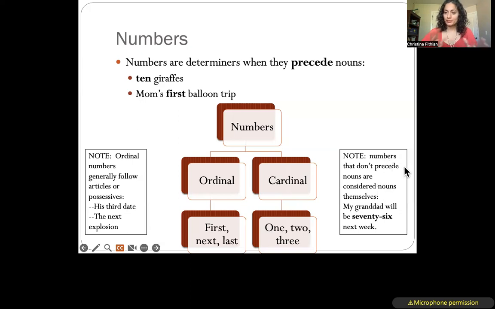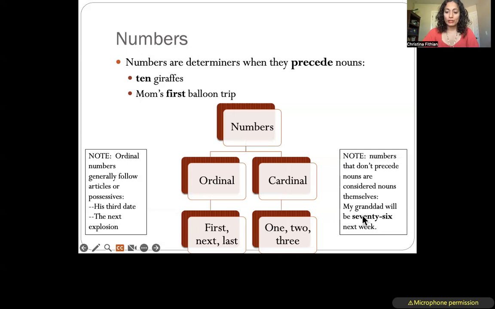So once again, just like we saw with the possessive pronouns, just like we saw with demonstratives, if you have a noun that just stands alone, this is going to be analyzed as the noun. If you have a number that just stands alone, this is going to be analyzed as the noun itself. If you have a number and then a noun after it, then the number is going to be analyzed as a determiner.